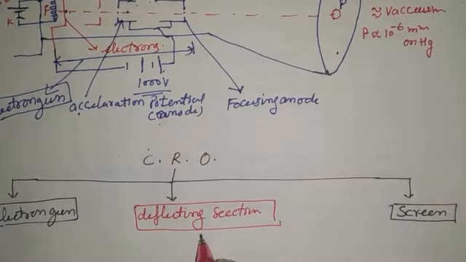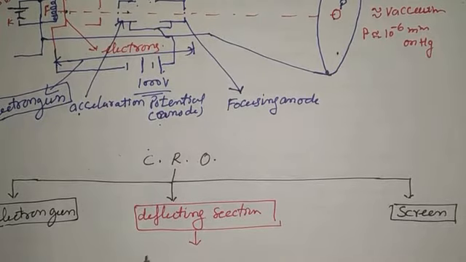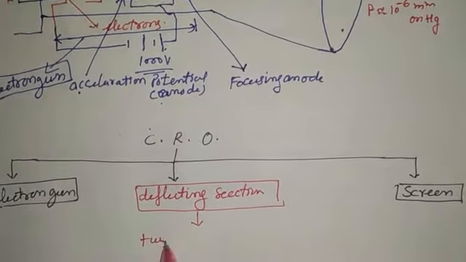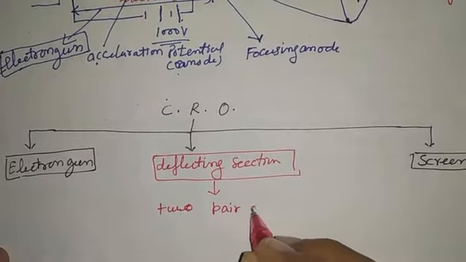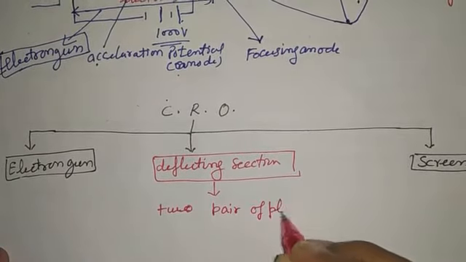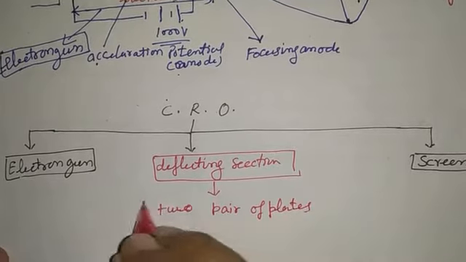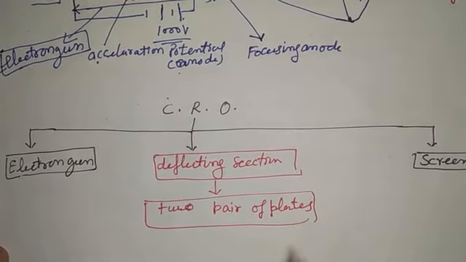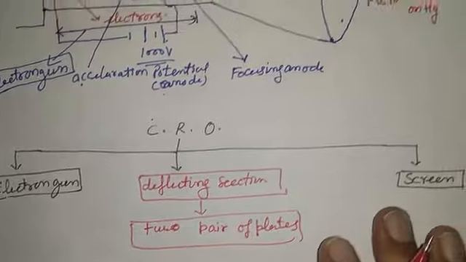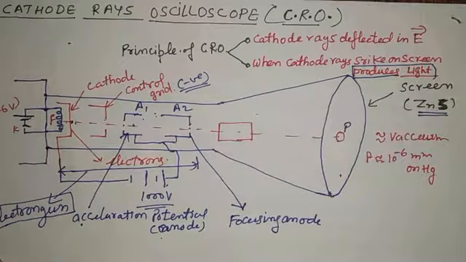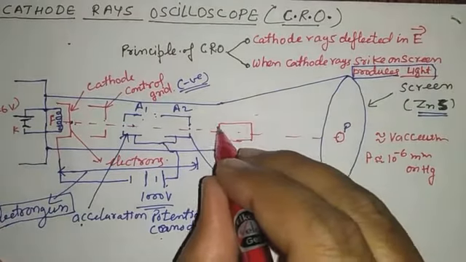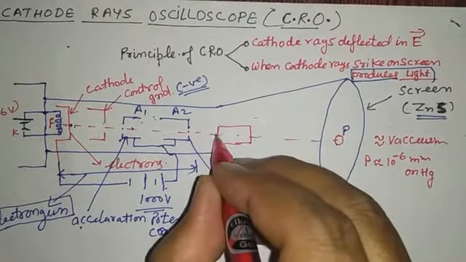In this deflecting section, two pairs of plates are there. Here, see in the diagram, you see two pairs of plates. Look carefully at the diagram.